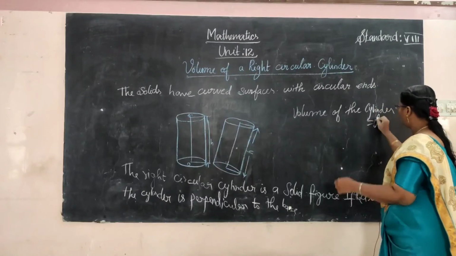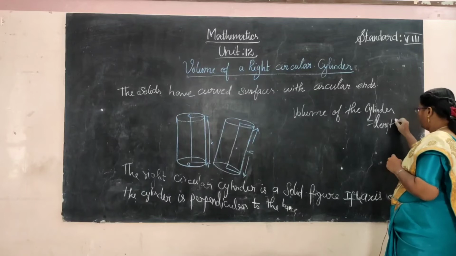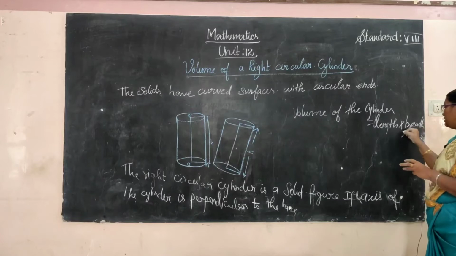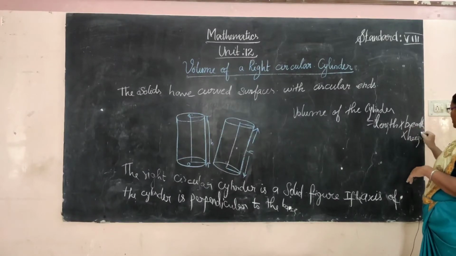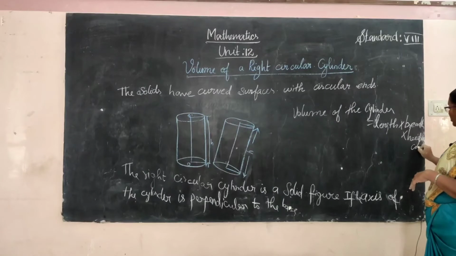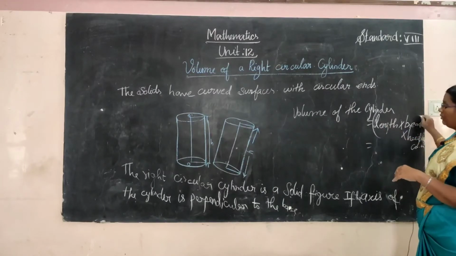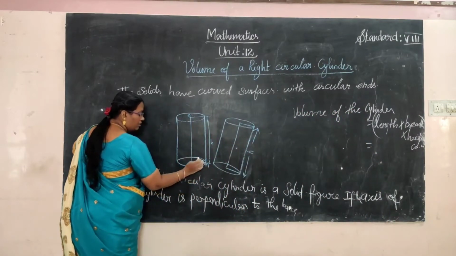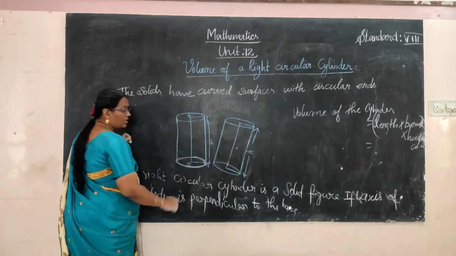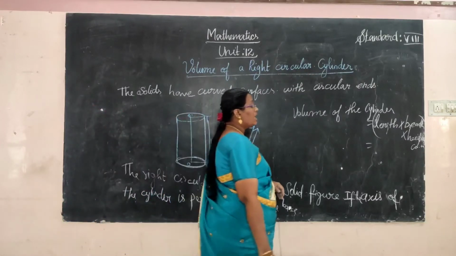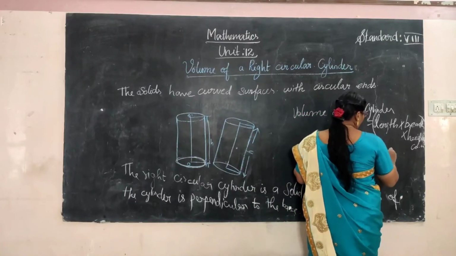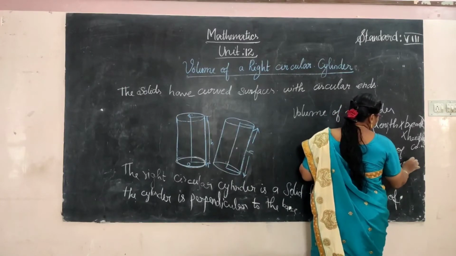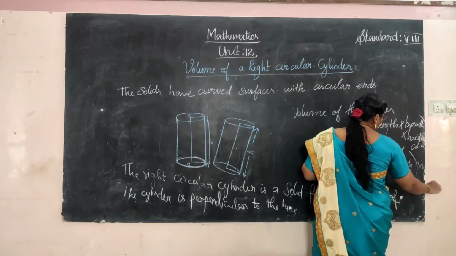Volume of the cylinder is equal to length into breadth into height, cubic units. Here length and breadth together form the circular face, so it is the area of the circle into height.